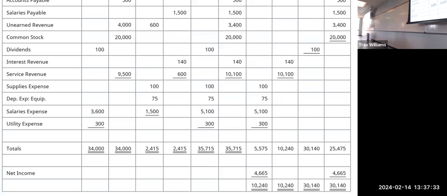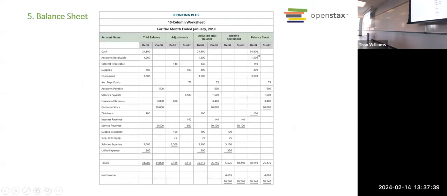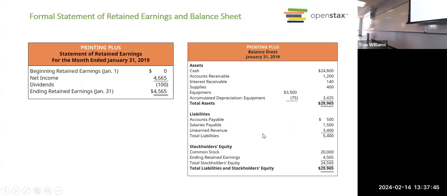So how would we make the balance sheet? We would just take all of this data, the assets, the liabilities, and the equity accounts. We can use that to make our balance sheet, with the one exception, this ending retained earnings comes from this retained earnings statement, right?